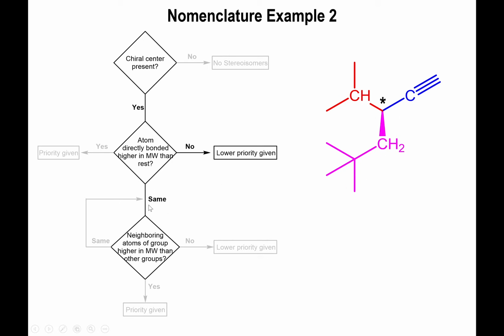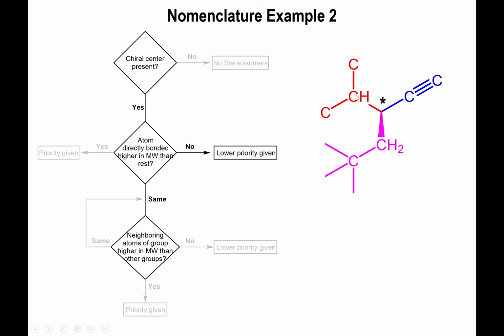They are all the same, so now we need to go further out into the molecule to see if there's a distinction. What we're going to do is determine what's bound to the adjacent carbons. So the carbons directly bound to the chiral center, what is bound to these neighboring carbons?